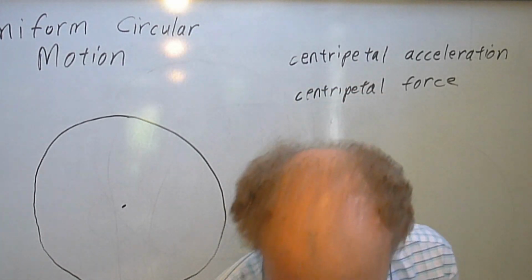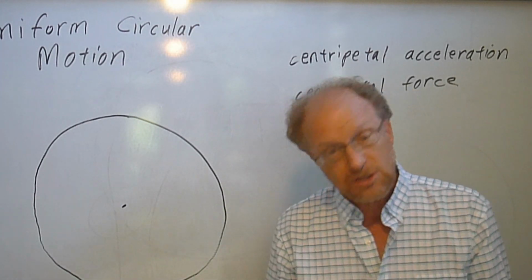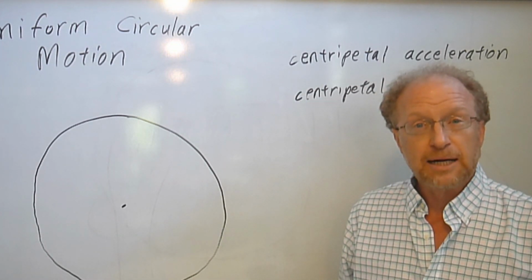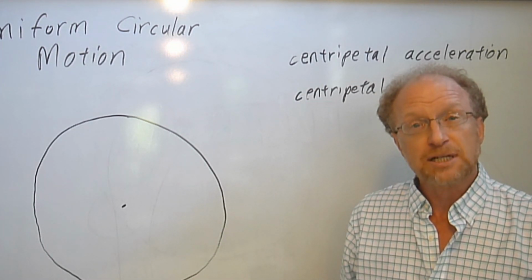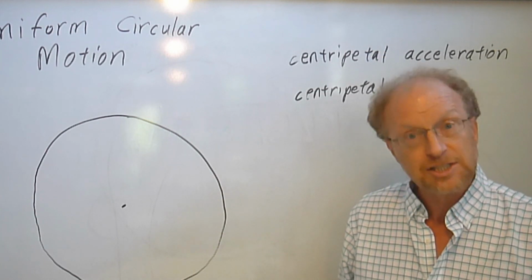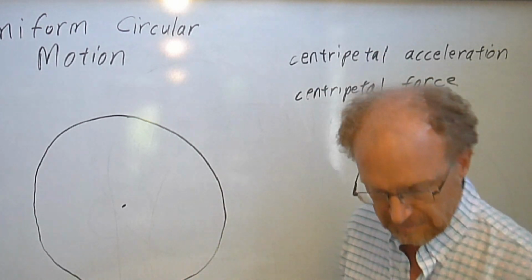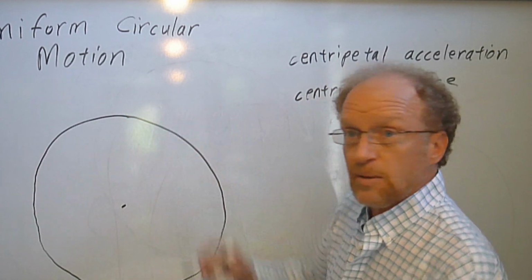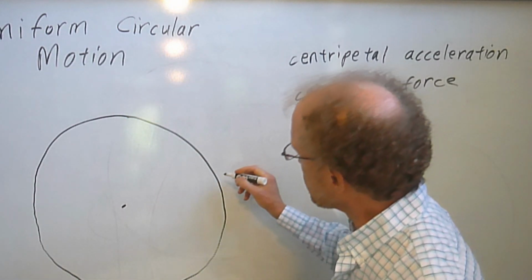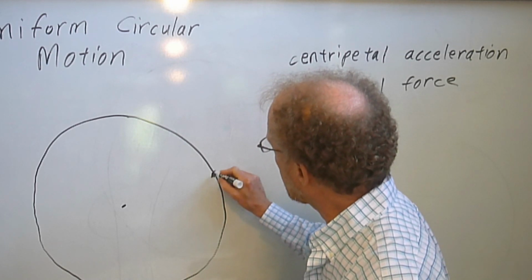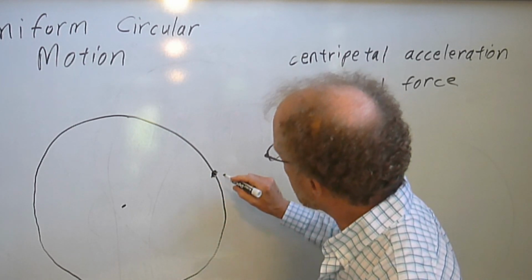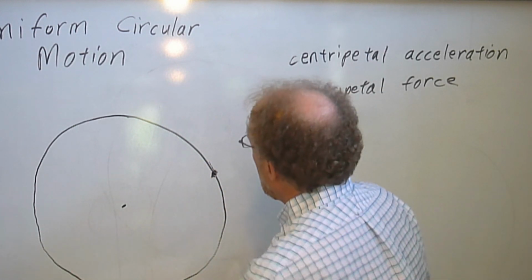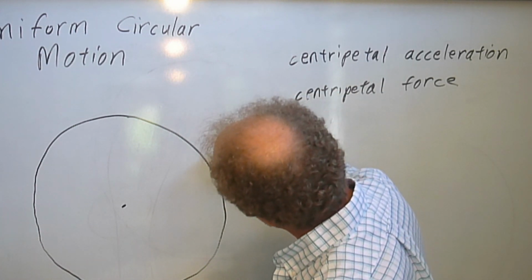But during this video, I want to do some analysis of circular motion to see what we can find out about the direction of the acceleration and the direction of the force on an object. So let's say this is the circle that the eraser is moving in. At a certain point in time, the eraser is right here. Let's say it's moving in this direction. I'll draw the velocity vector in blue.